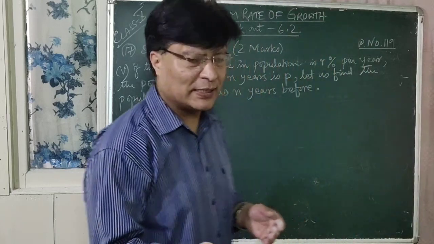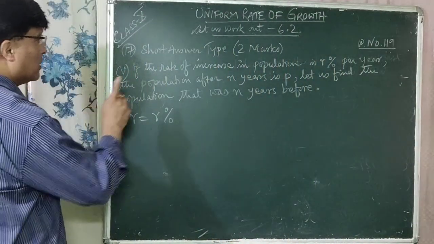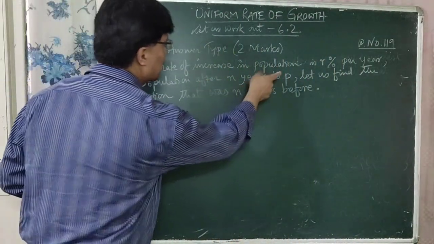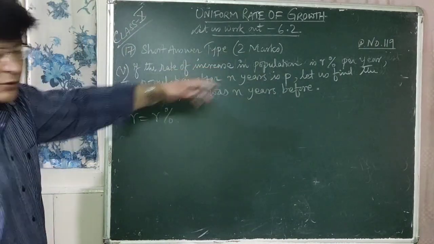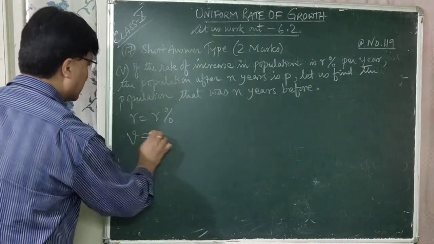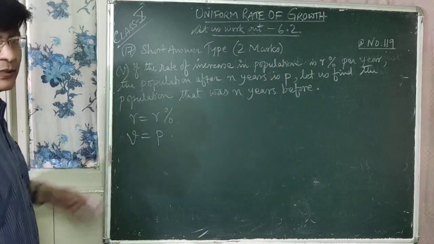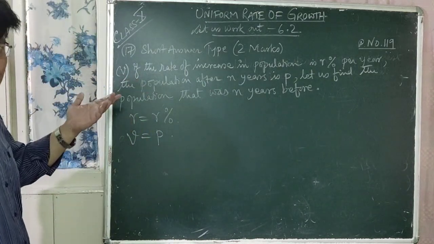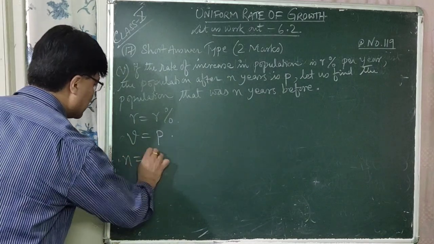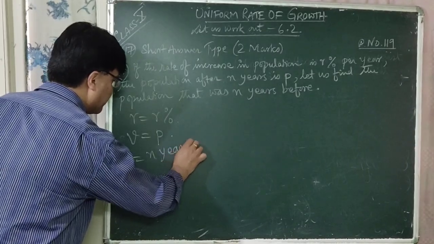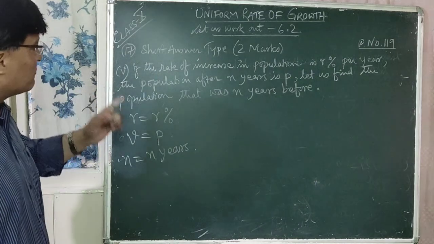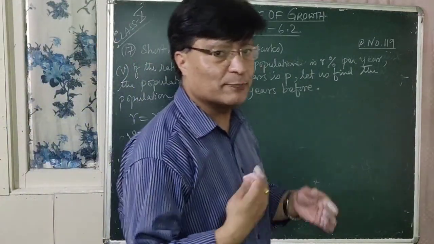The population after n years is P. That means it is the final value, V is equal to P. After n years, time is given as n years, so n is equal to n years. So let us find the population that was n years before.